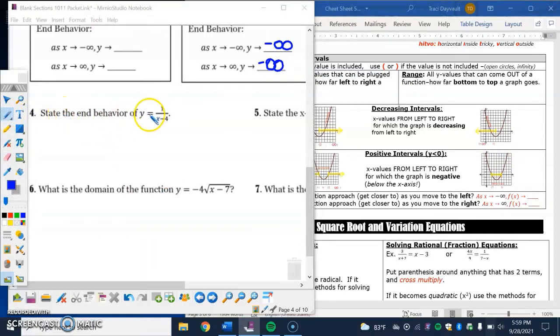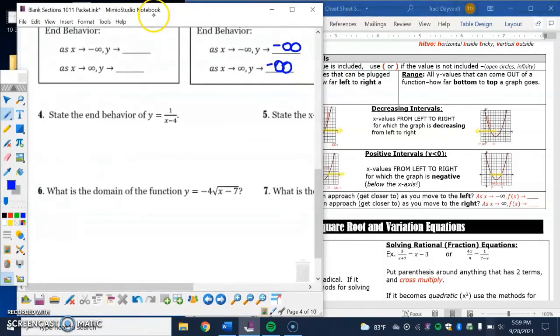All right, state the end behavior. Now this time we don't have a picture of the graph. So let's give this a try and think about, we need to use everything we've learned in the past couple of lessons to find the end behavior. We need to think about what this graph looks like.